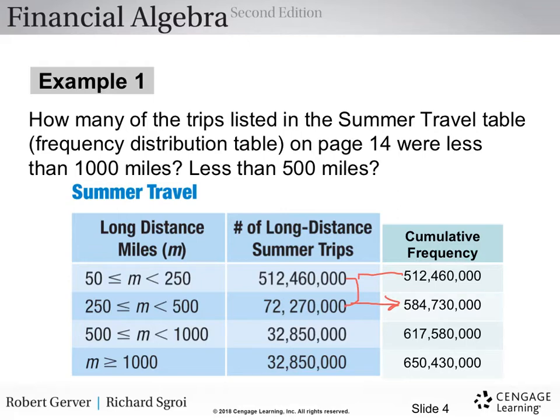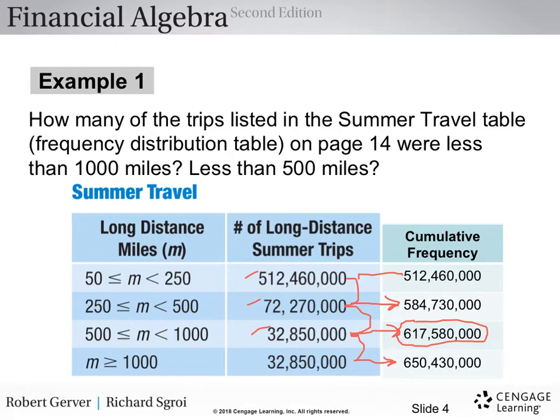The next row, 500 to 1,000, we add it again to the total, and now the total of these three numbers is 617,580,000.